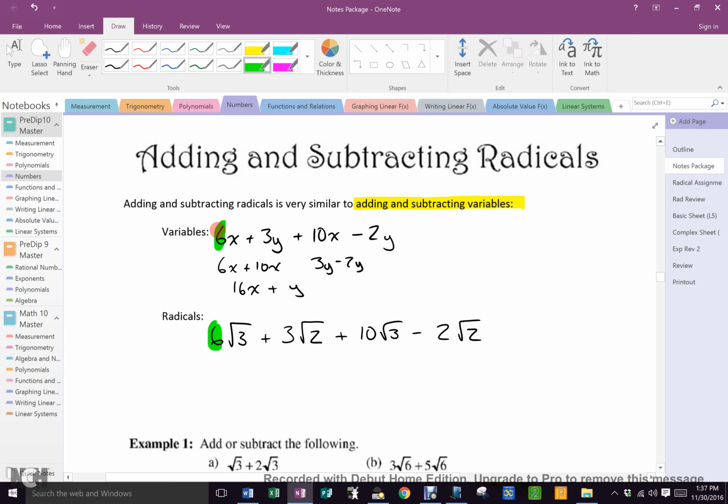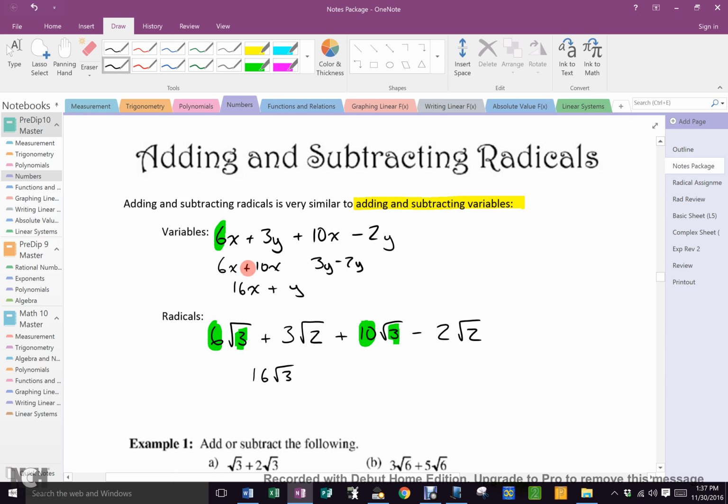What do we call that big number that multiplies the thing right after it? Coefficient. And they're multiplying the same thing, aren't they? So what would you do with this one? Same darn thing. It would be 6 plus 10 because they're both root 3, right? So you would get 16 root 3.